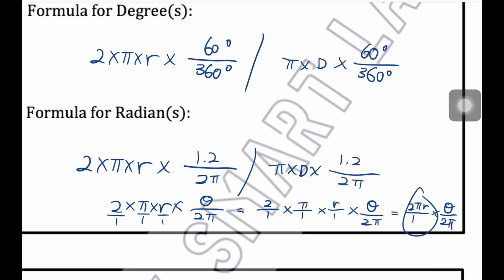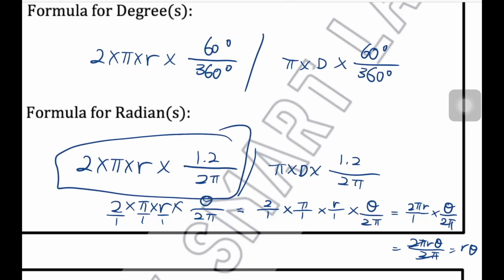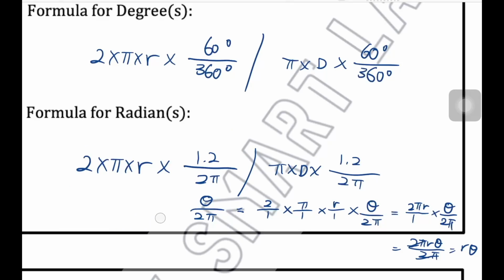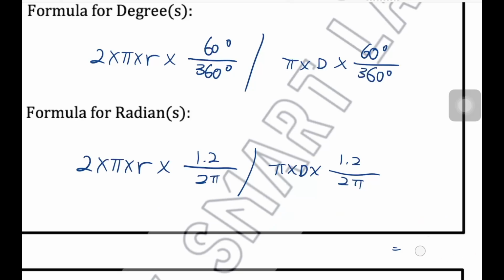Same thing, top times top, bottom times bottom, so you get 2 pi r theta over 2 pi. Since on top there's 2 pi and below there's 2 pi, you can cancel out the 2 pi. R theta is what you're left with. So what I've shown you is that the formula I just mentioned is the same as r theta.